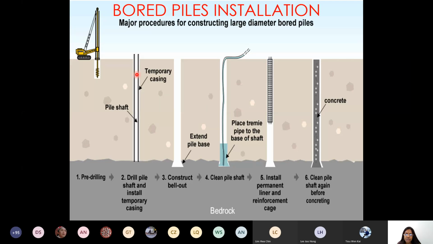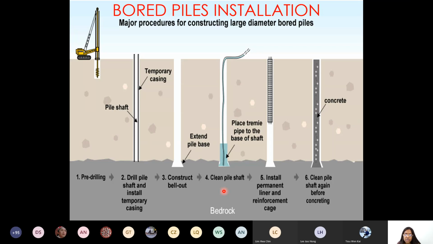Install temporary casing. So start drilling the shaft first, and then have an extended pile base. It is important so that later when you remove the casing, it will form into the ground. So construct a bell out, a small bell out, or an enlarged bottom, called the pile cap at the bottom, right? And then clean the pile, because after drilling the shaft there may be chances of spilling of soil or some waste materials into the pile.